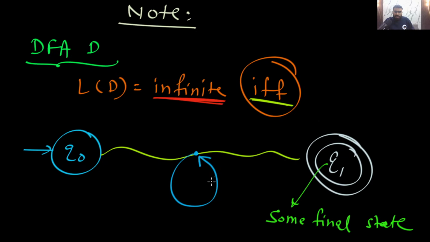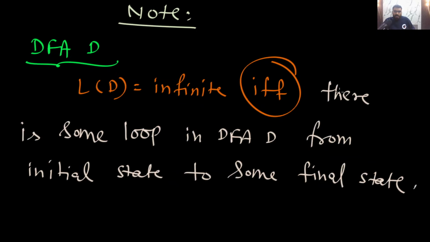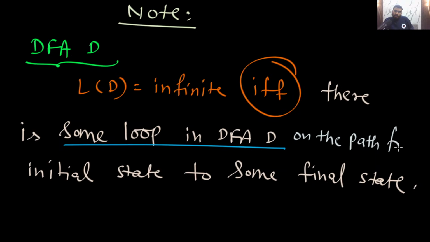So the language of a DFA will be infinite if and only if there is some loop in the DFA on the path from the initial state to some final state. I hope you understood.